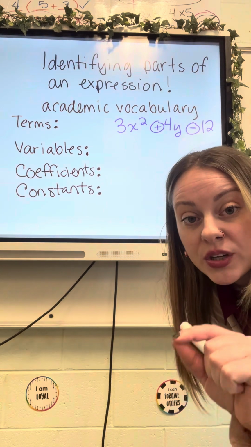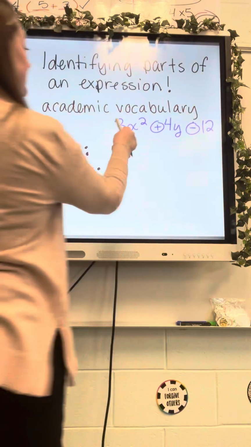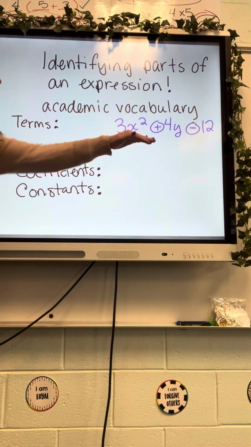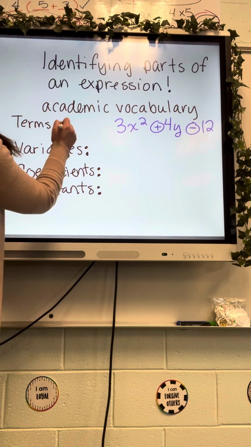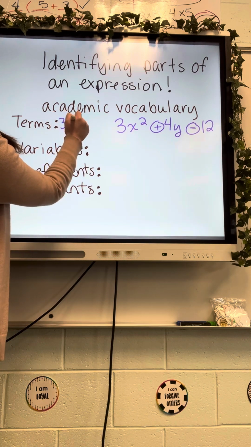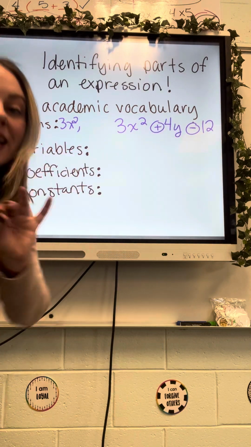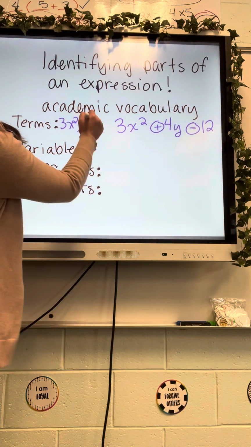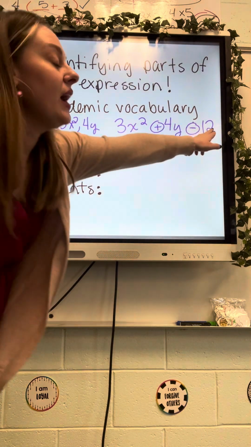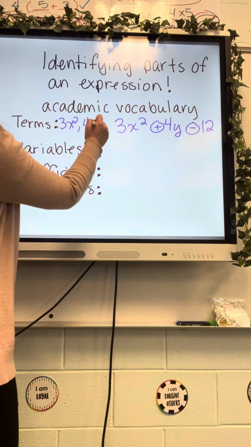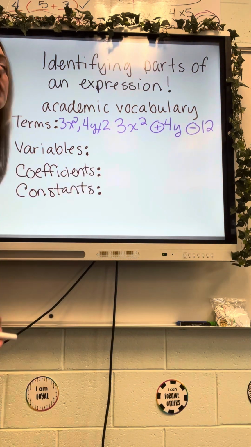Everything not circled is a term. So this whole entire thing is not circled, so I would have 3x squared as a term. And then I have 4y, it's not circled, so 4y is a term. And then I would have 12 as a term.